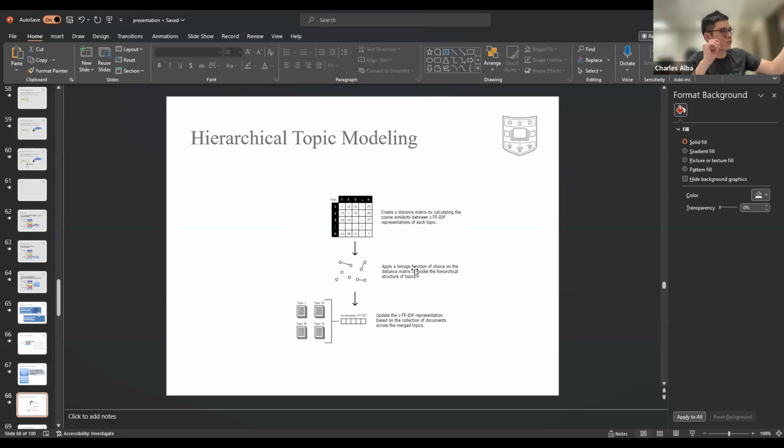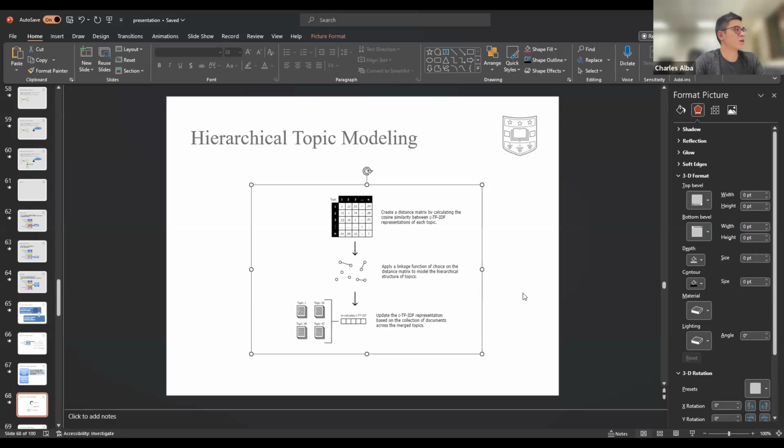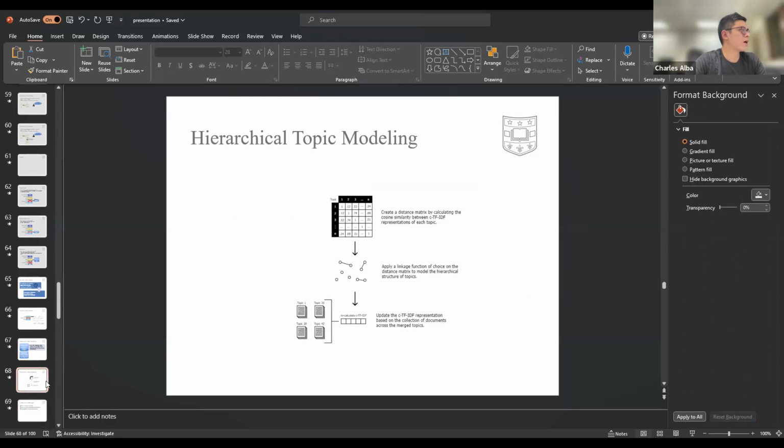So it applies linkage functions to group the keywords of each topic that have already been discovered. It groups them together, and then it updates the TF-IDF representation of each of these documents.